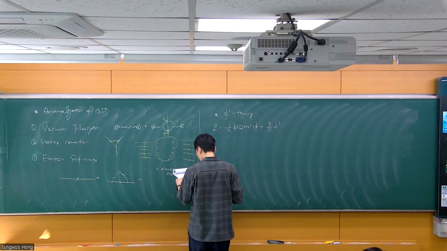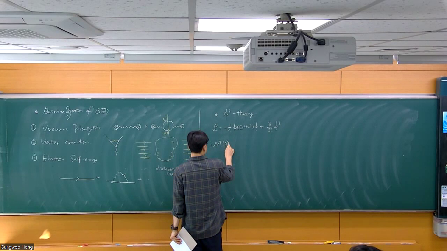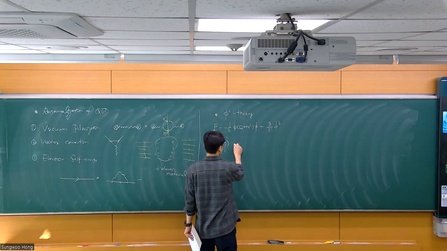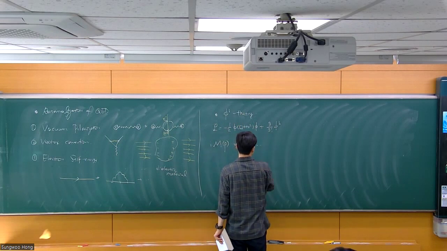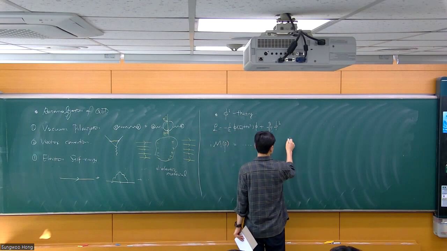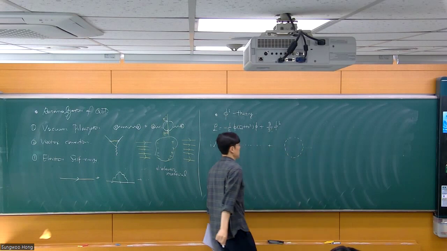So let's look at the process diagram. So here, my amplitude now is, at tree level, the scalar propagator. And then at one loop level, it will be this.